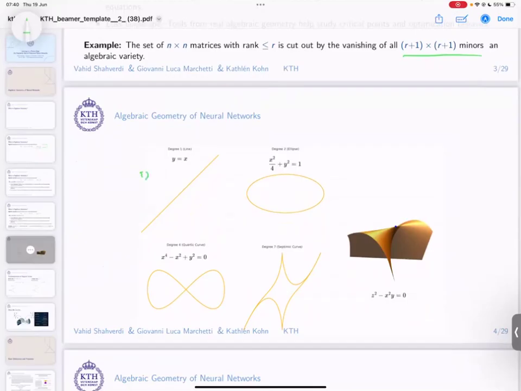It's the common zero of y minus x equals 0, or y equals x. It's a degree 1 polynomial that gives you this line. You can construct an ellipse with a degree 2 polynomial. You can go further, degree 4, degree 7, and your variety becomes more sophisticated. And of course, you can also construct surfaces.